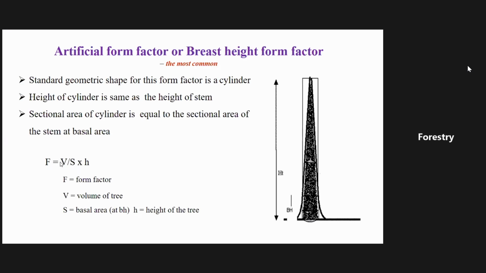That is, form factor is equal to the volume of the tree divided by the basal area at DBH and the height of the tree or height of the stem. We'll use this formula for calculation of form factor. The artificial form factor is the most common one used in calculation of tree volume in standing trees and also in felled trees and others.